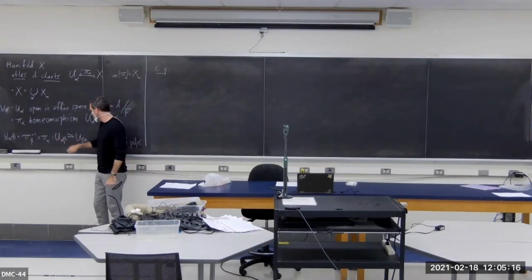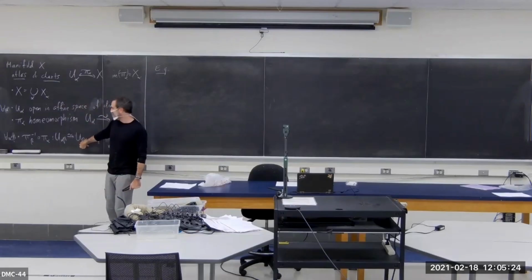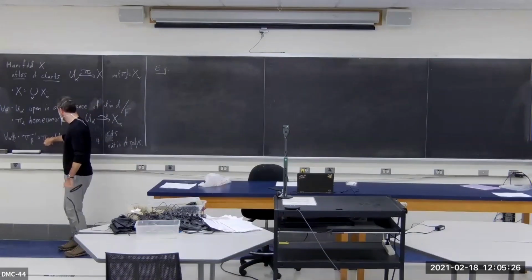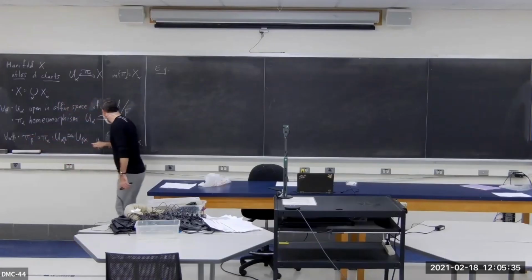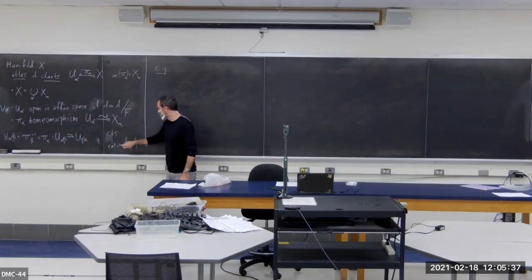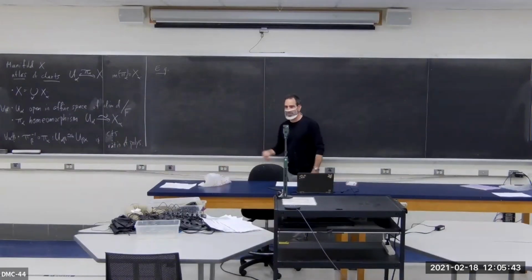You take the part that Feng is looking at, map it to the surface of the Earth, and then go back to where Nicole is looking. So you go from U alpha into X, and then you go back according to Nicole's map pi beta. Then what you get is supposed to be continuous, or a ratio of polynomials, or anything in between. And that tells you that you have a space that's of the appropriate type.